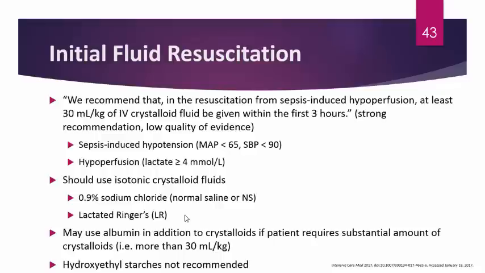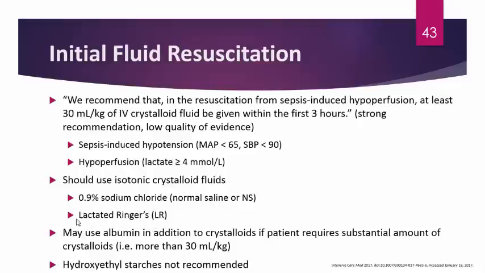Therefore, a lot of the fluid that you're actually giving the patient is going into the intracellular spaces, which is not really helping your vascular spaces, which you need to essentially support in sepsis. More of the fluid from the normal saline as well as the lactated ringers is staying in the vasculature, and that's why you give isotonic fluids first.